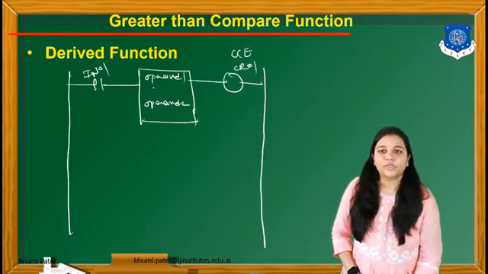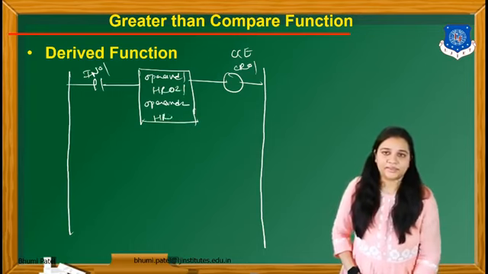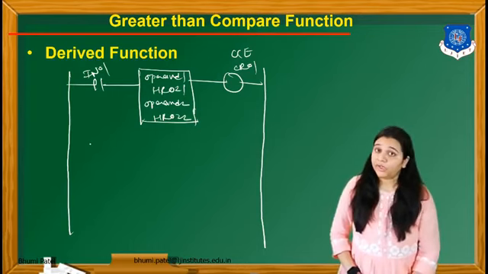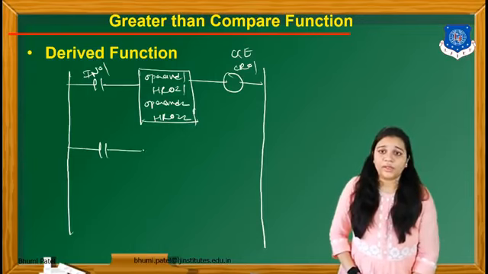Suppose in operand number 1 HR021, in operand number 2 HR022. Now we have to find only the greater number. So we have to take rung number 2.